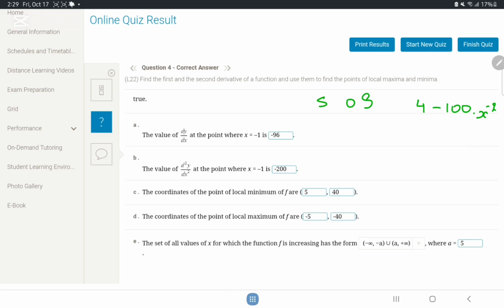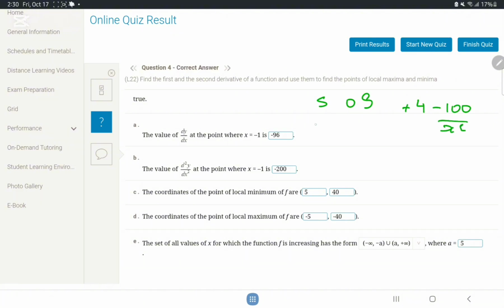And which one is the greatest term? 4 alone is basically saying 4 multiplied by x to the power of 0. What is greater, 0 or -2? Of course 0, because x to the power of 0 is 1. So 4 is actually the greatest term.